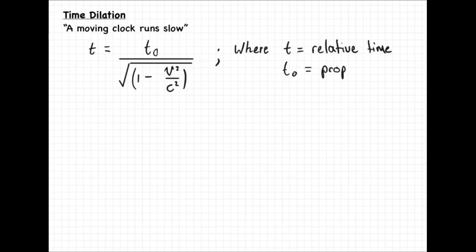Again, they are each correct for their respective observers. It's just a way of appreciating which observer is which. v, of course, is the relative velocity.